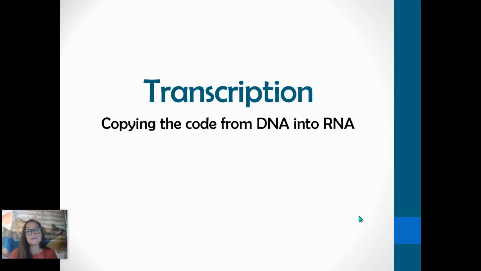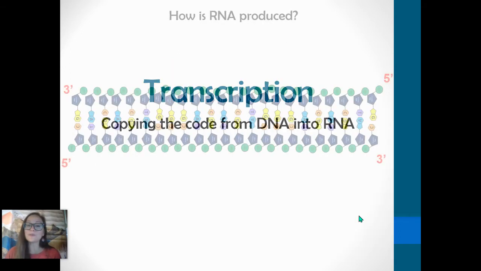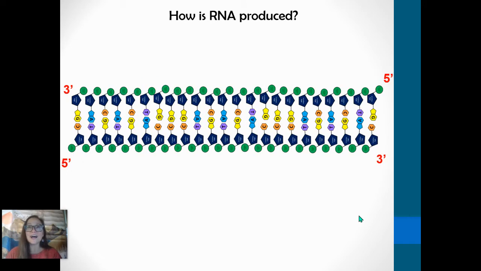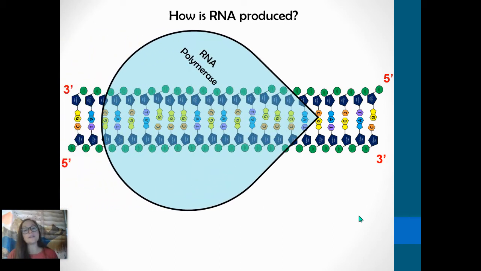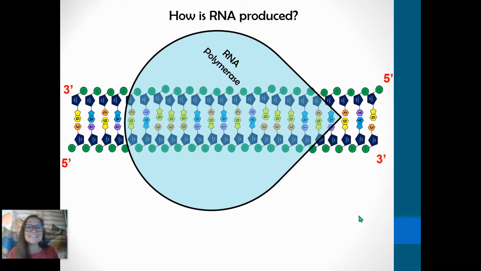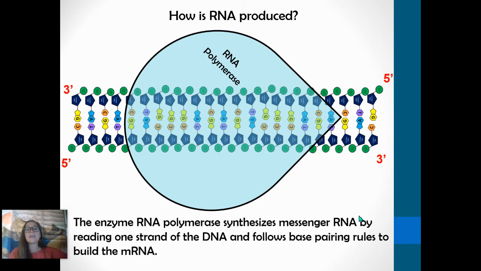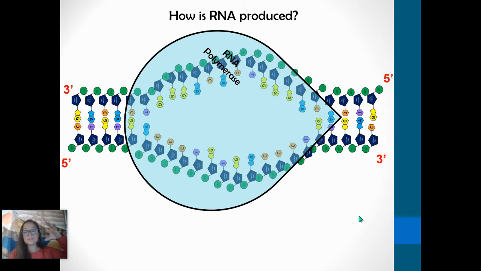So let's go ahead, though, and start with transcription. We're going to start with our DNA, which is our gene or our directions for how to build a protein. And this is occurring in our nucleus in eukaryotes. So we're going to take RNA polymerase. That's the enzyme that is going to actually open up the DNA where the gene is, so we can use one side of the DNA to make the messenger RNA.